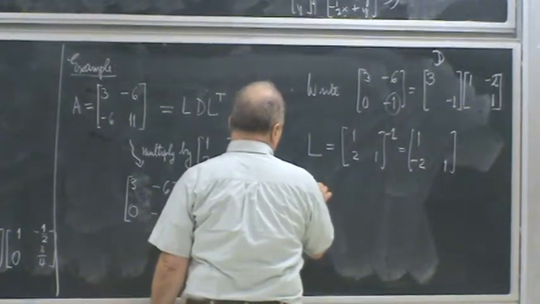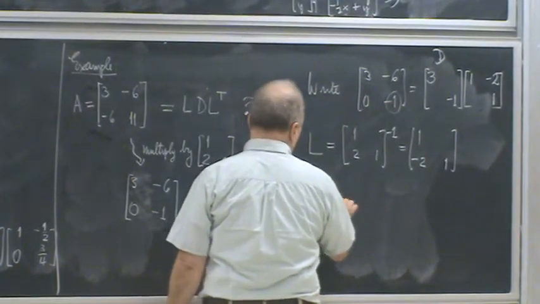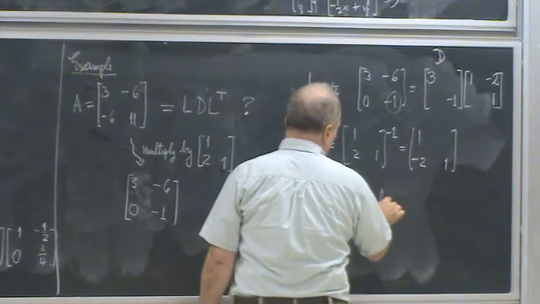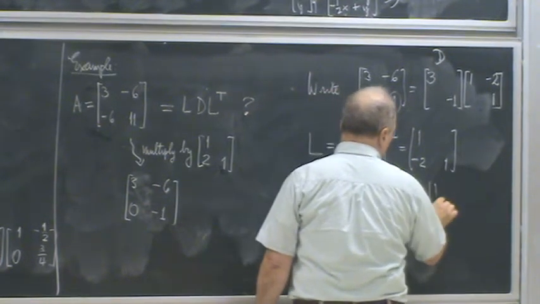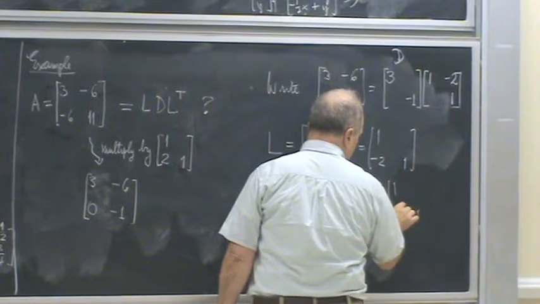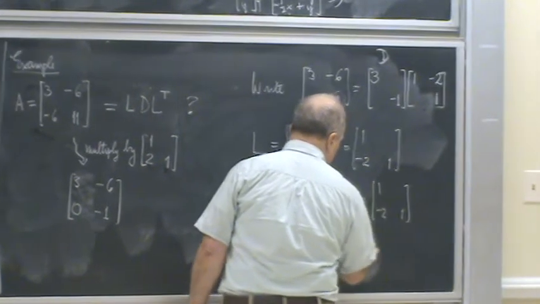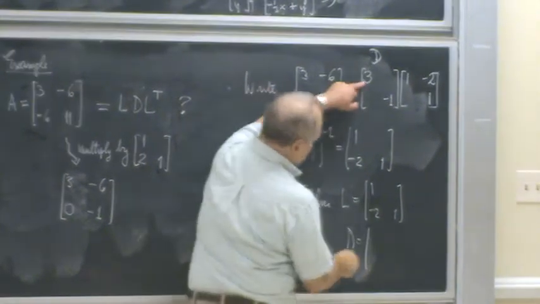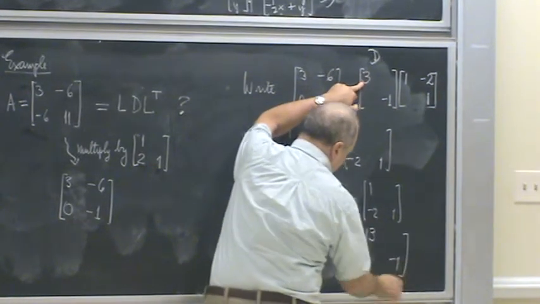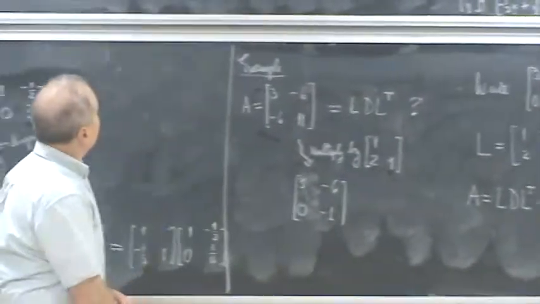So I have A is LDL transpose, where L is 1, 0, -2, 1, and D is the diagonal matrix with entries 3 and -1. Say to yourself, do those numbers look familiar? Yeah.